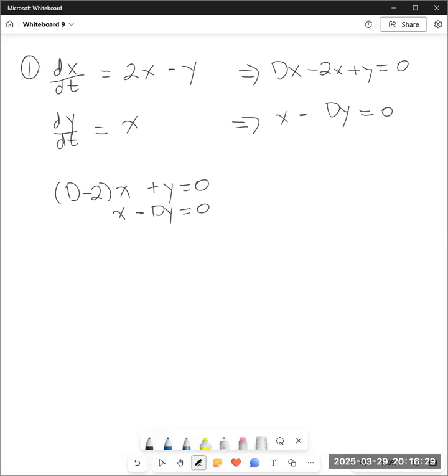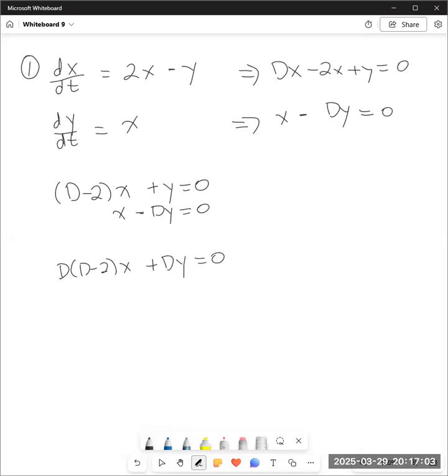And I want to use differential operators to eliminate one of the variables. So I'm going to apply the differential operator to the first equation. So I get a Dy, and minus a Dy will be 0. That turns the first equation into D times (D minus 2) x plus Dy equals 0.